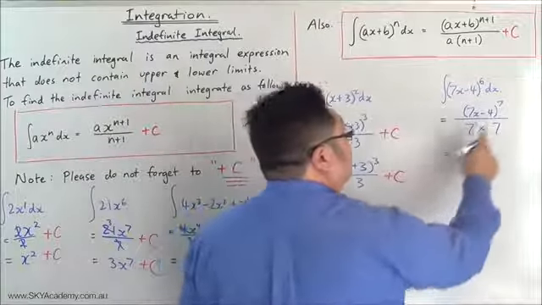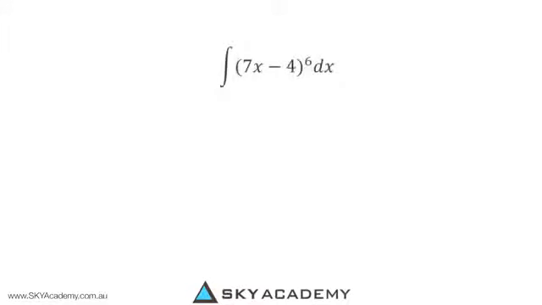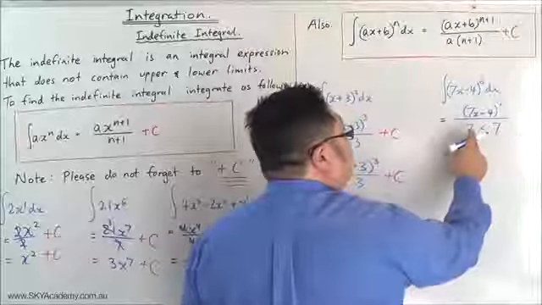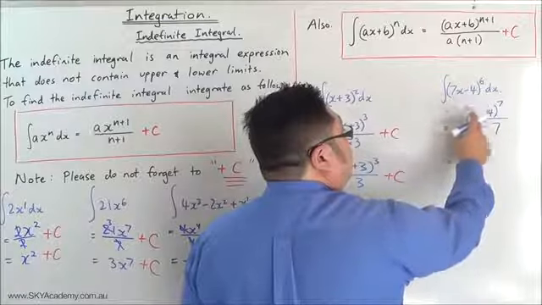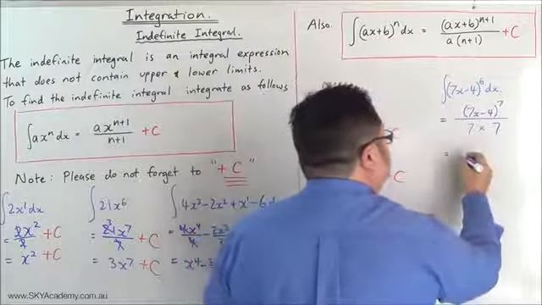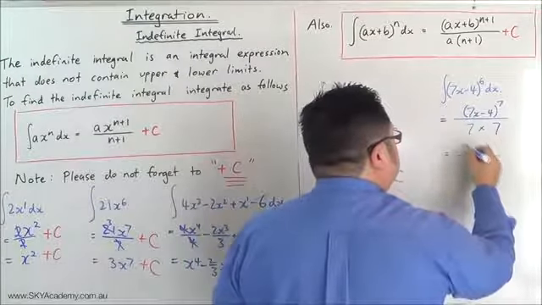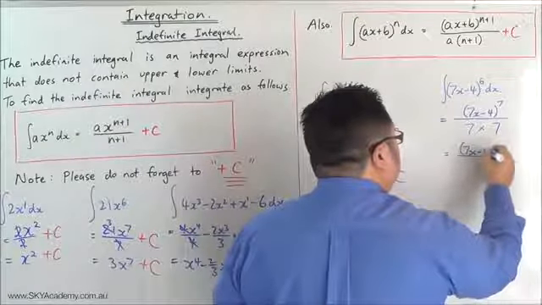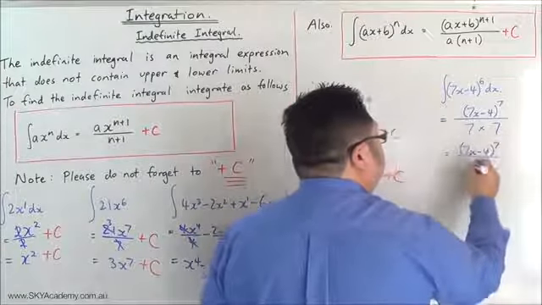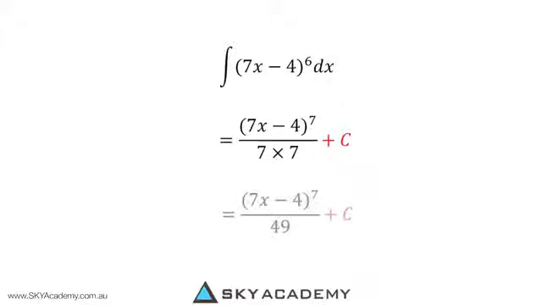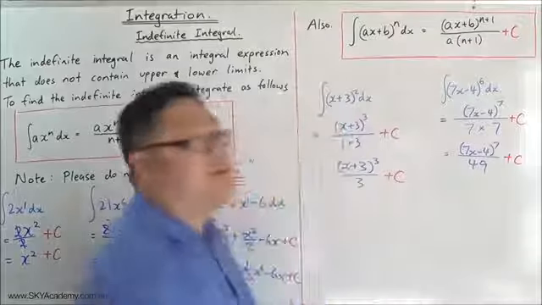Okay, so this 7 represents this raised power. Okay, we divide because it's a raised power, and this 7 represents the coefficient of the x. So altogether, our answer is 7x minus 4 all to the power of 7 over 7 times 7, which is 49. And then we add c on the end.